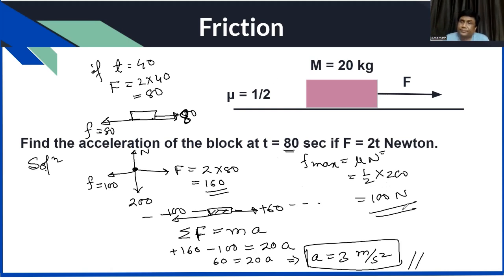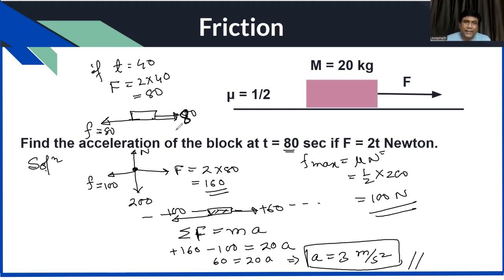Have you seen somewhere? Just because of friction, the object is going backward? It is not like that, no? Say you are dragging your table. Either the table will not come or it will come. But you are pulling rightward and the table is sliding backward. Is it possible? Then only that minus 1 meter per second square would come, no? So that is why, okay? The answer will never be negative in these cases.